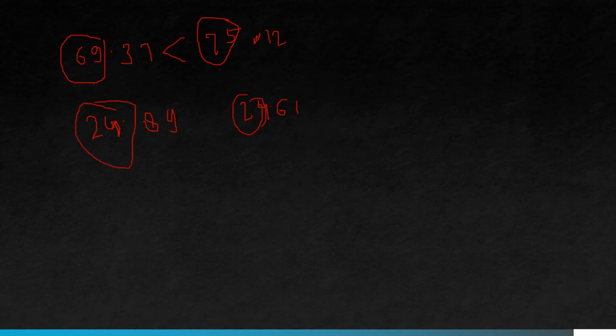Now we have to see in 0.89 and 0.61 which one is greater. So we will compare this digit. 8 is greater than 6. It means that this decimal is greater than this one, right?